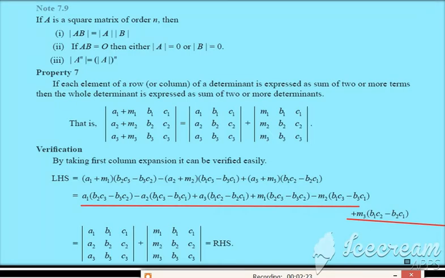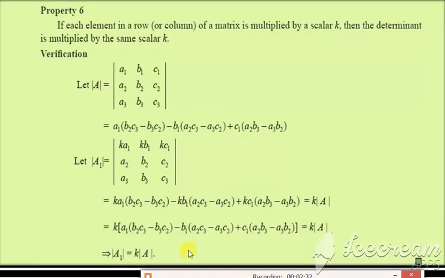So already we know this value we can write as A1 B2 C3 minus B3 C2 and so on.